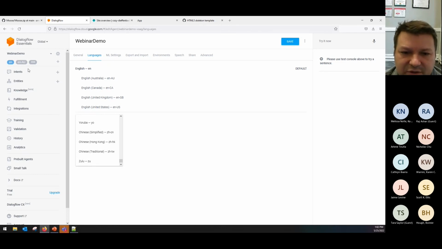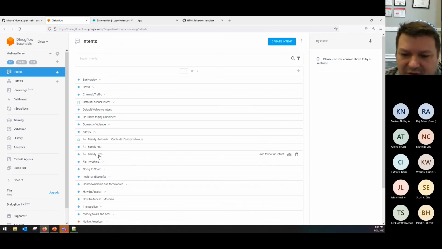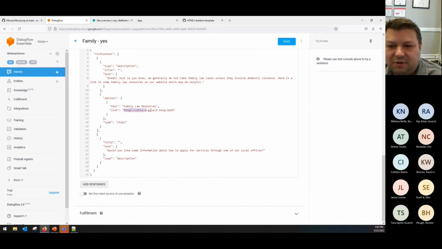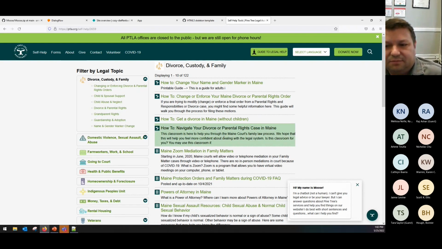So for the most part, what we designed these to do is to go to the high level, umbrella pages. There's a family law intent that takes people to, for example, on Pine Tree, the high level page about divorce, custody, and family. Not to say that we couldn't drill down further into figuring out, is this divorce?